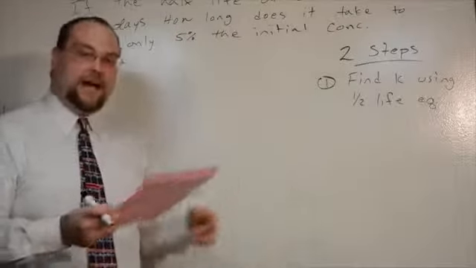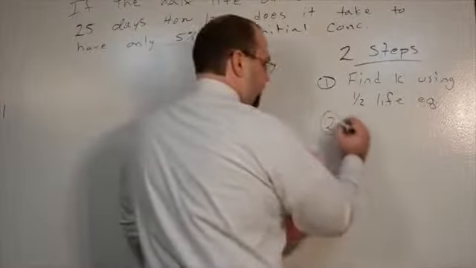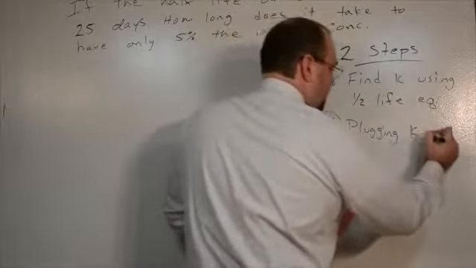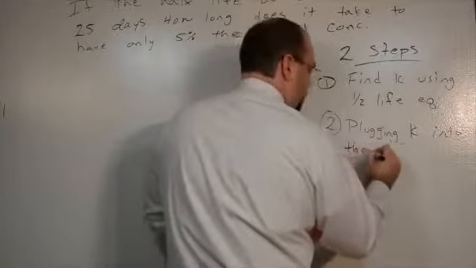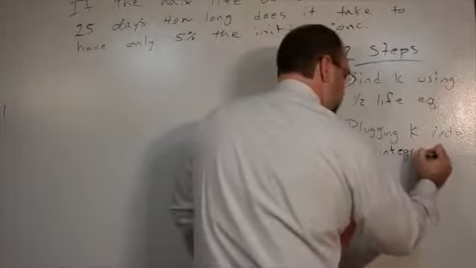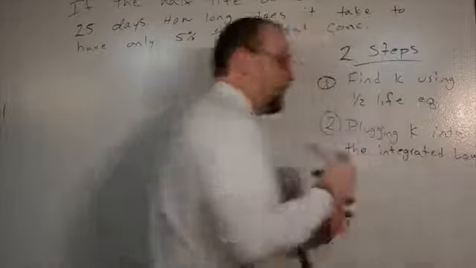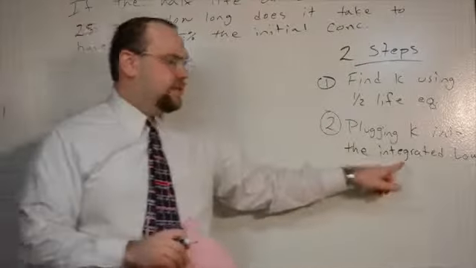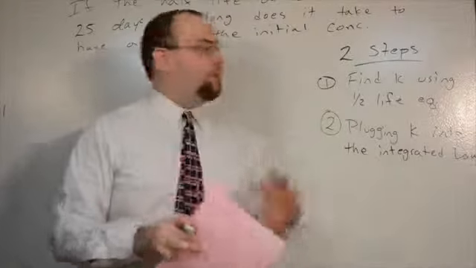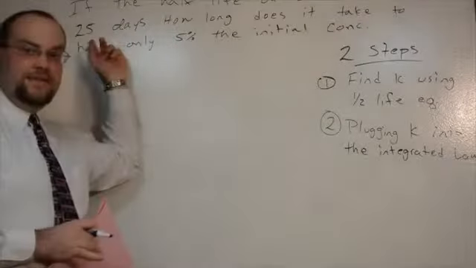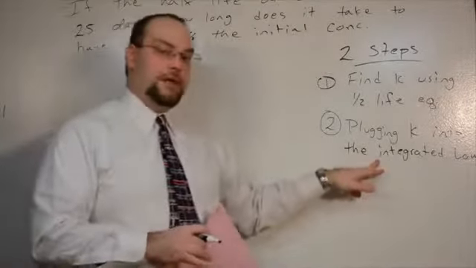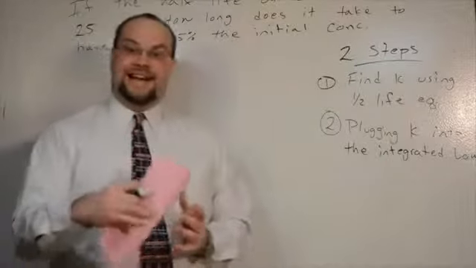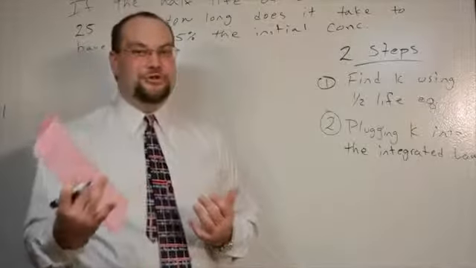Once we find our k value, it's a simple matter of plugging k into the integrated rate law. It's really important that we use the integrated rate law because we're dealing with half-life and time. 25 days is a unit of time, so we need the integrated rate law because that also deals with time. If we use the differential rate law, it doesn't help us because time is not a unit in there.